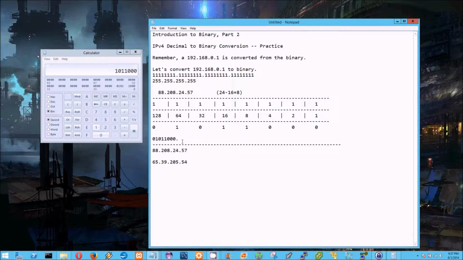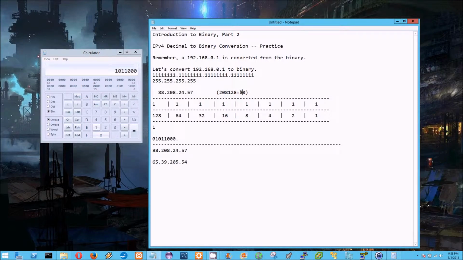Remember, the calculator doesn't include leading zeros, but you do need them with IP addressing. 208 is the next one, so let's get 208 set up. Is 208 greater than or equal to 128? Yes, it is. Subtract, that should be 80.